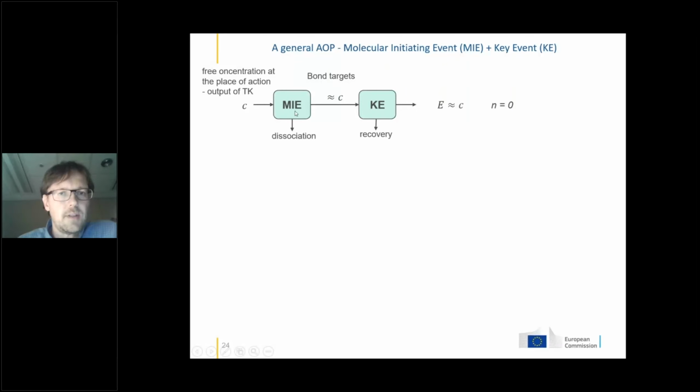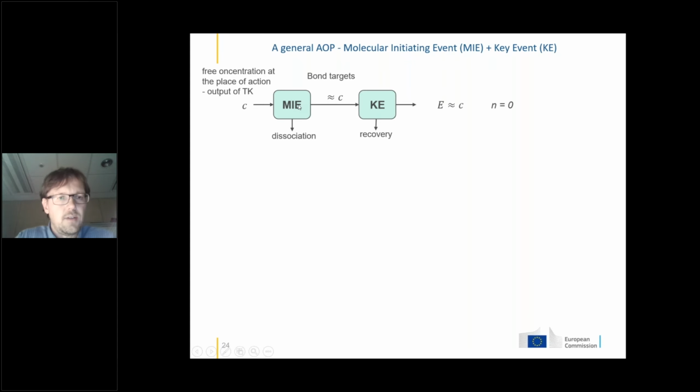And the molecular initiating event is the bonding of your toxicant to your target molecule. And then the key event is a kind of damage which is developing in the cells or in the systems before some measurable effect is observed. And then for the molecular initiating event, they suppose two extreme cases.